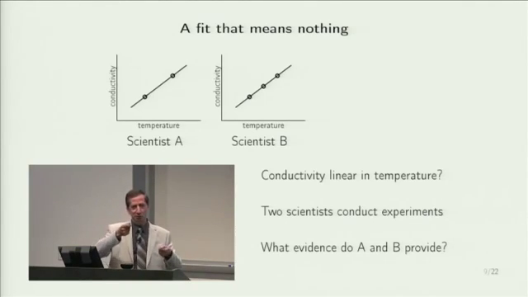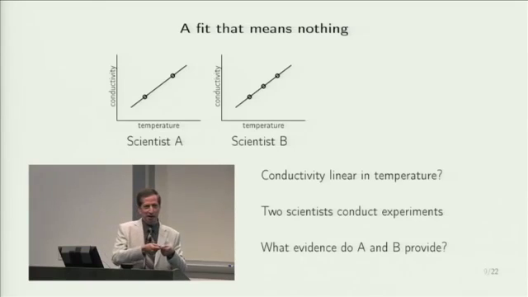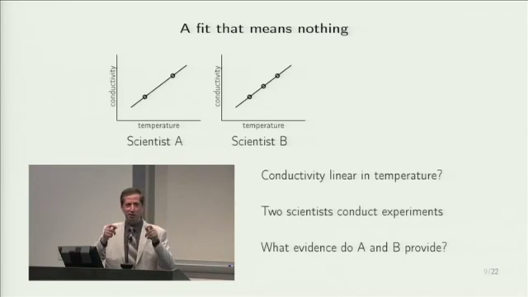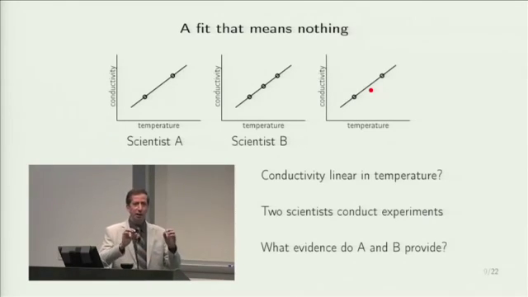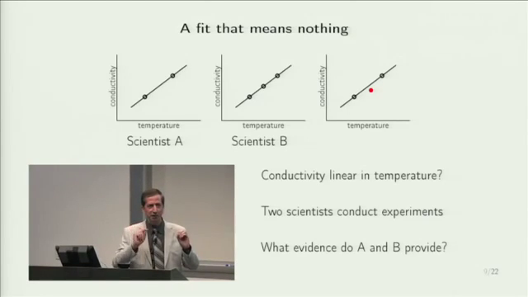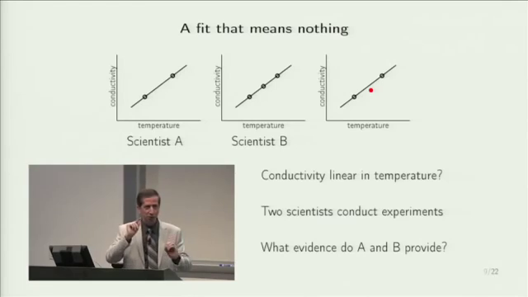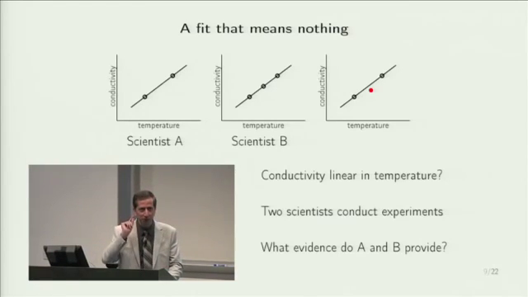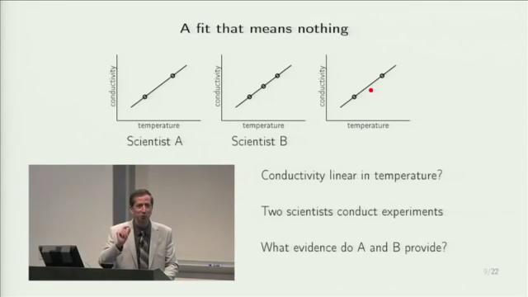Because obviously 2 points can always be connected by a line. The notion that goes with this is called falsifiability. If your data has no chance of falsifying your assertion, then by the same token, it does not provide any evidence for that assertion. You have to have a chance of falsifying your assertion in order to be able to draw the evidence.